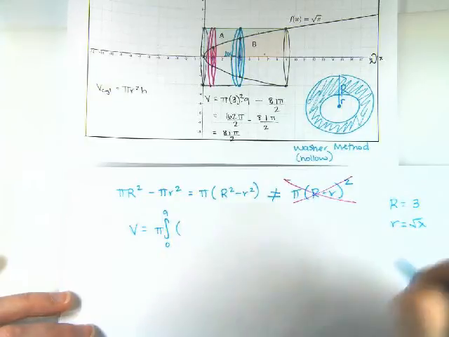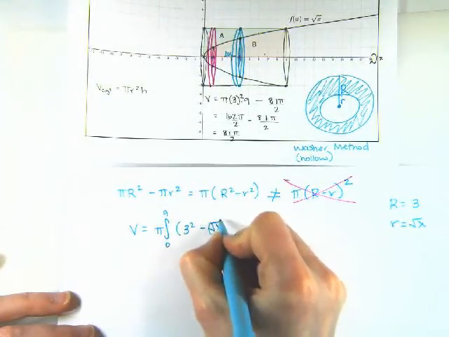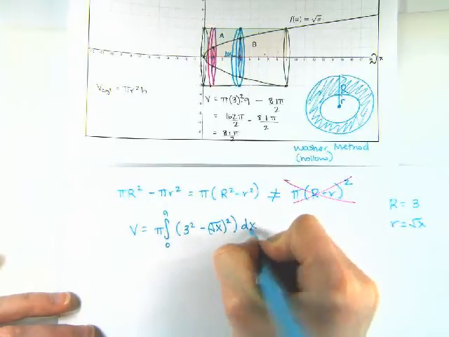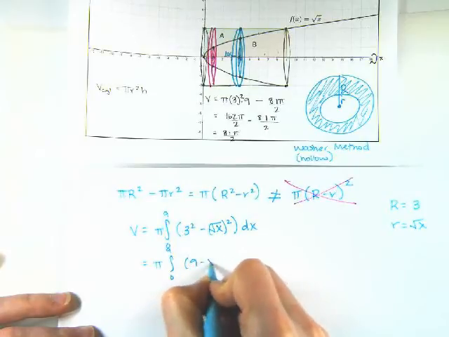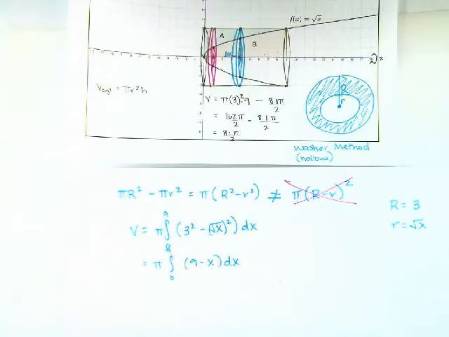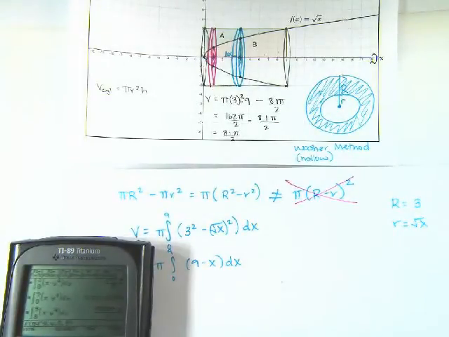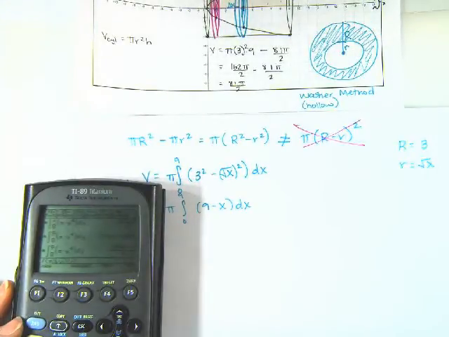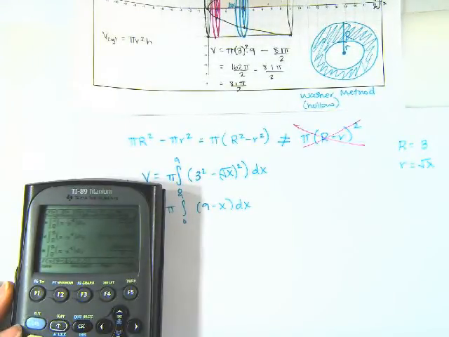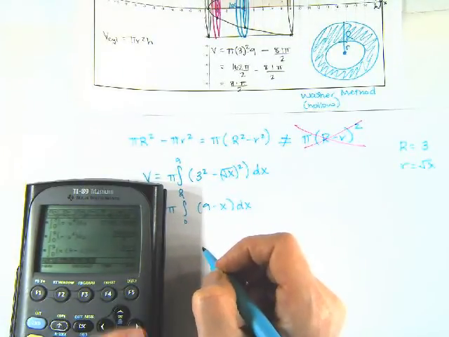Okay, so it's going to be pi times big R squared minus little r squared dx, which would be 9 minus x dx. It's a pretty easy integral, but I'm going to let my calculator do the work anyway. Hey, that's what we paid for it for, right? Put it to work. Comma x, comma 0, comma 9. Oh, look, 81 pi over 2.